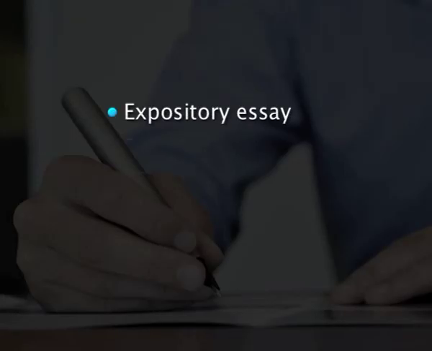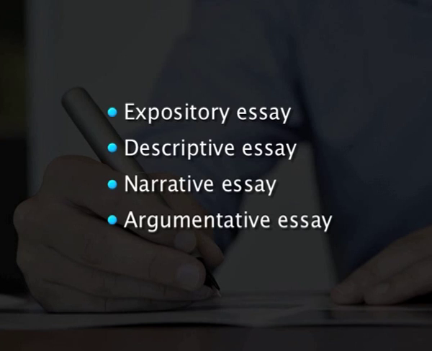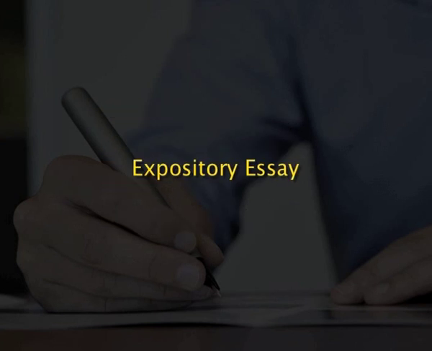There are 4 genres in essay writing. They are expository essay, descriptive essay, narrative essay and argumentative essay. An expository essay is a kind of essay that describes, explains, gives information or informs.